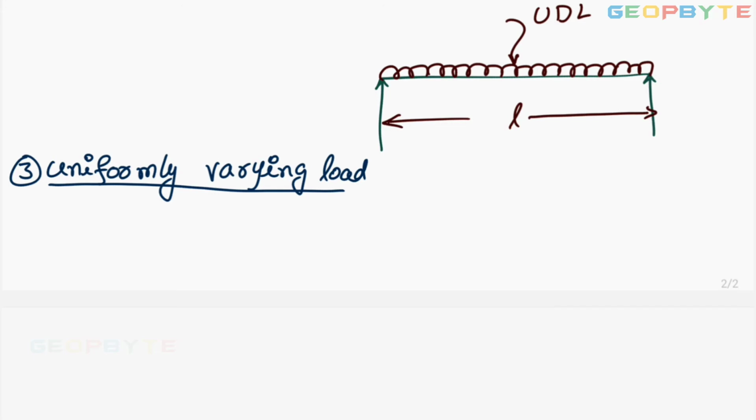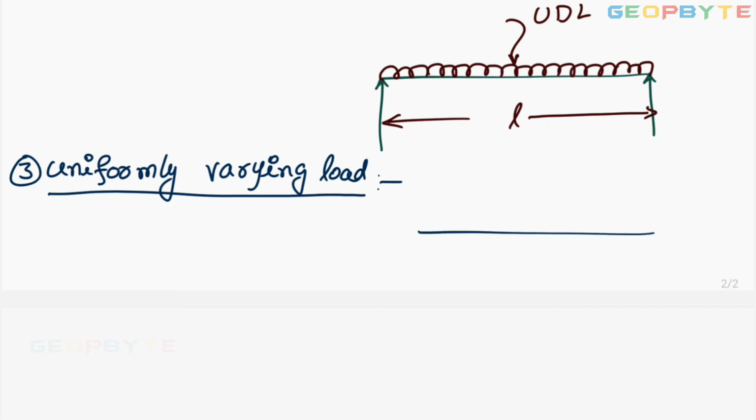Again, let us take the simply supported beam. It is like this. This is the simply supported beam. It consists of two supports.